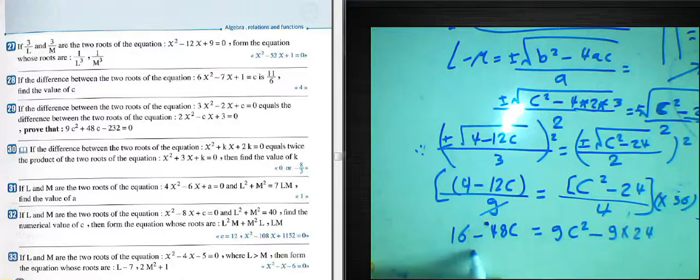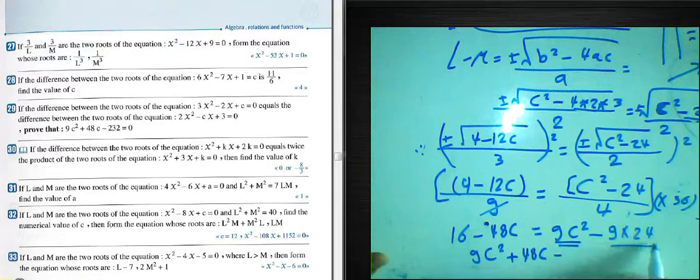So we said 36 divided by 9 equals 4. 4 times 4 is 16. 4 times 12 equals 48c. 36 divided by 4 equals 9, 9 times c squared equals 9c squared, subtract 9 times 24. So we can write 9c squared plus 48c, moving here, and negative 9 times 24. 4 times 9 equals 36, write 6 and carry 3. 2 times 9 equals 18 plus 3 equals 21.